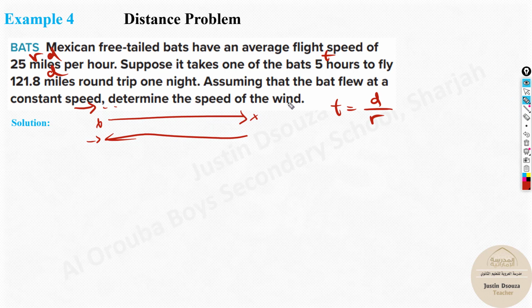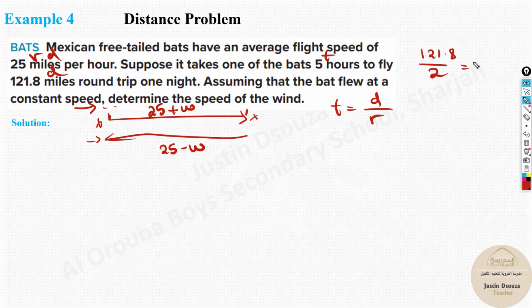See, it's the speed of wind we need to find. The bat is at a constant speed, that is 25 miles per hour. That is going to be constant as it is. It'll be plus W, but this might be minus W. This is the change. Okay. Now, what about the distance? The total distance covered is 121.8, right?